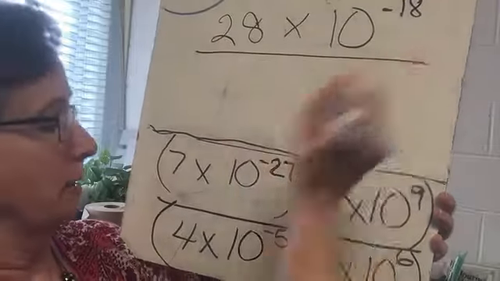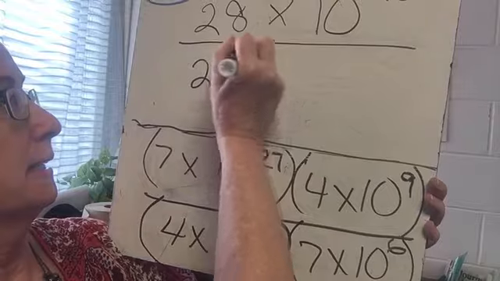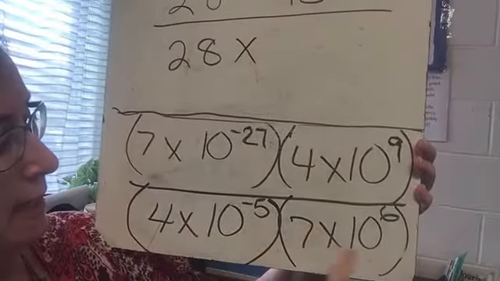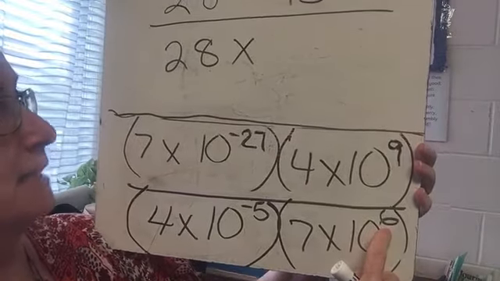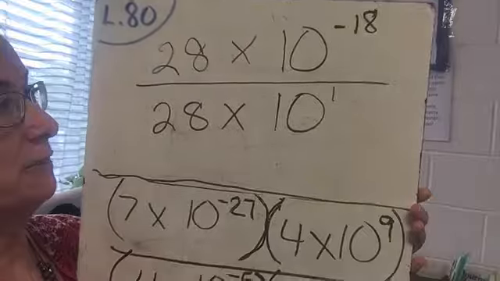And then we're going to put over. Now we're going to multiply these 28 times 10. Negative 5 plus 6 is 1. 10 to the 1. So here we go.